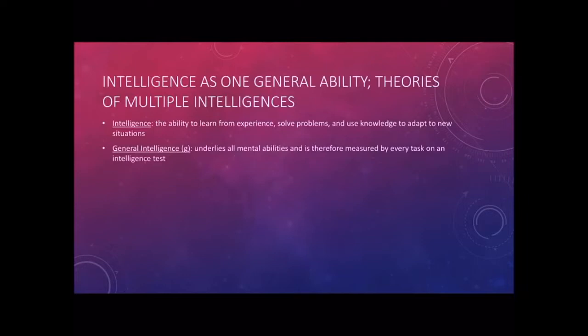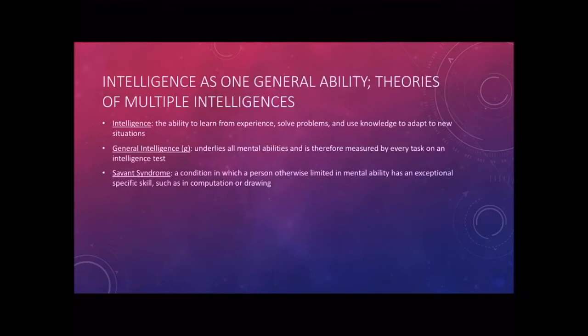As we're about to talk about with Gardner's theory of multiple intelligences, the controversy here is that Spearman says intelligence is just one thing. Whether you're measuring spatial ability or verbal ability or mathematical ability, it doesn't matter. Everyone has an underlying intelligence level.